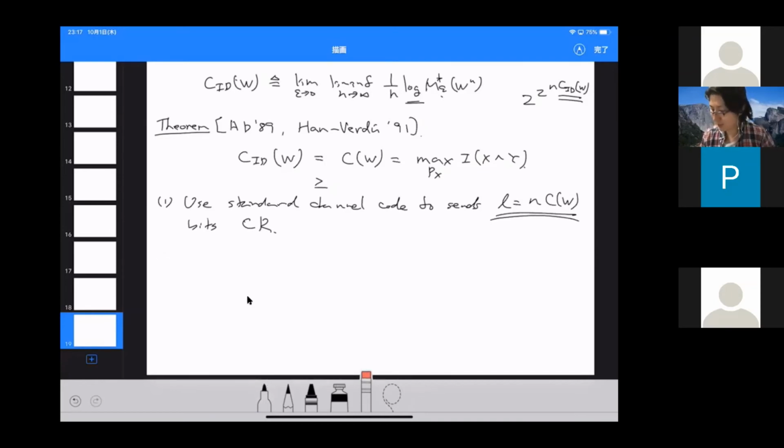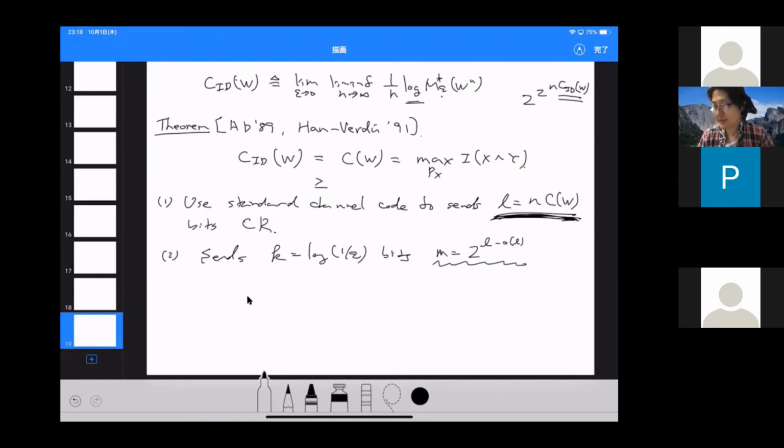And in the second step, by using this common randomness and sending some constant bits with negligible rate, because P1 and P2 already share this amount of common randomness, they can identify these bits of message.